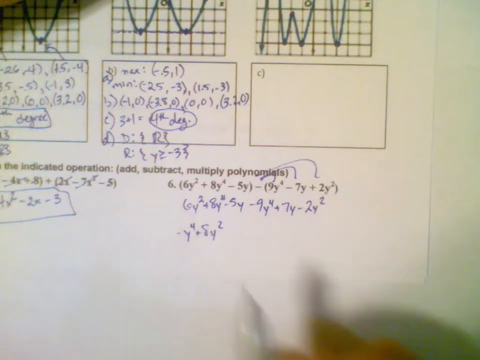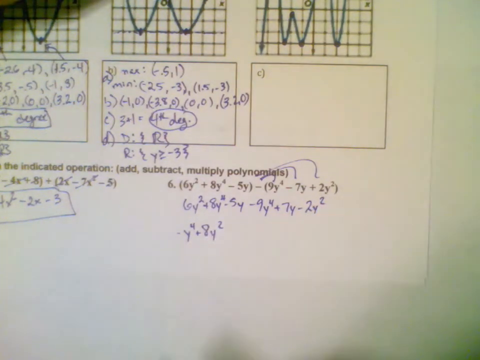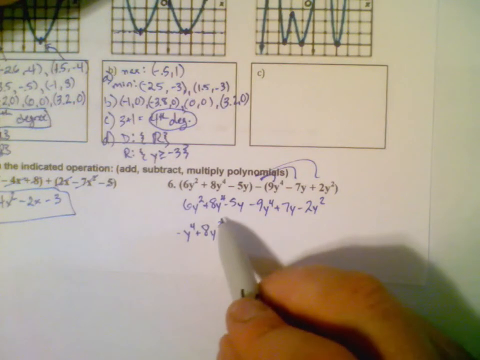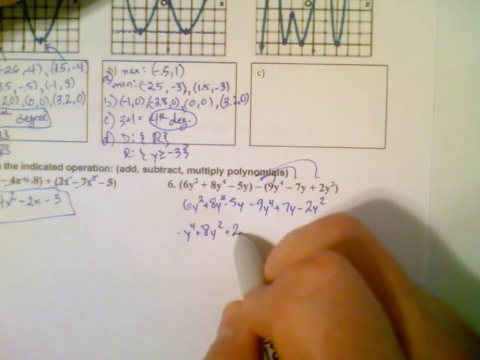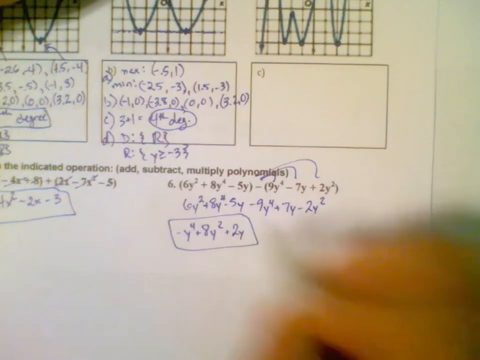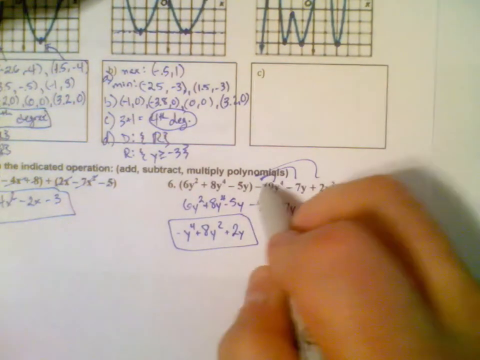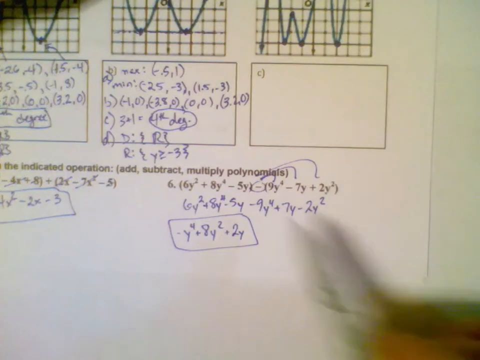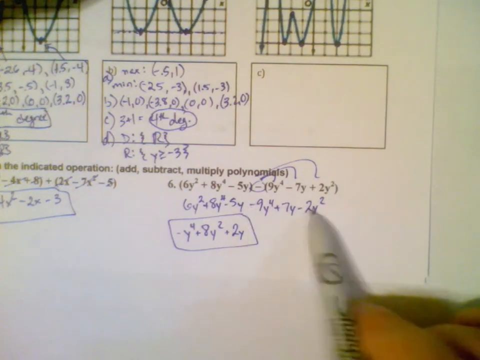That was a positive 8y squared. Okay, so I know it's plus because that's a positive 8y squared. And then I have those. So negative 5 plus 2 is positive 2y. So that's that one. Alright, this was the only difference between the two of them. You distribute the negative right there, you take it through, and then you add.